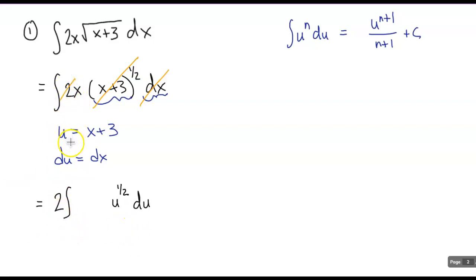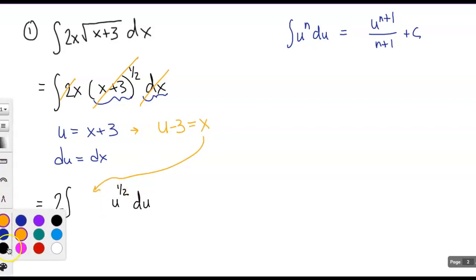I have this x that I need to take care of. So if I go right here, I can solve for x, and I can see that u minus 3 is equal to x. So now I can substitute that in right there, and if I want to multiply by x, I just have to multiply by u minus 3.